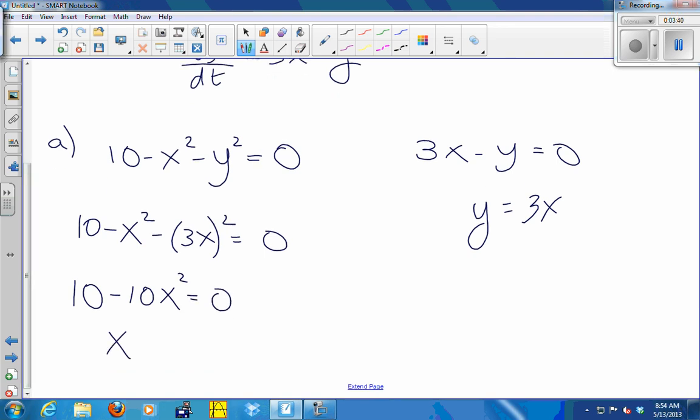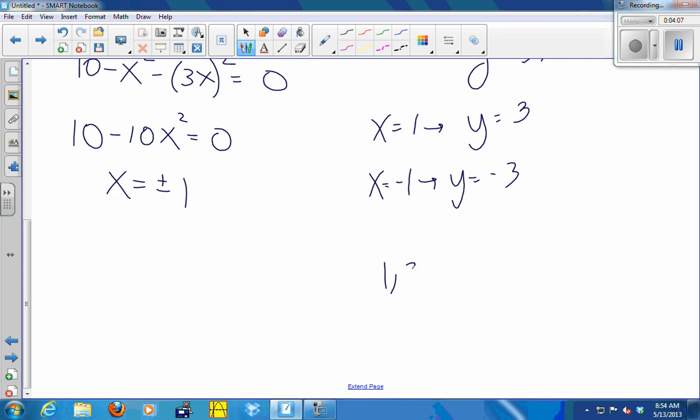Factor out the 10, move the 10 over, divide by 10, square root. And we end up with x equals plus or minus 1. All right, so then if x is positive 1, y equals 3. And if x is negative 1, y equals negative 3. So those are our 2 points, 1, 3, and negative 1, negative 3.